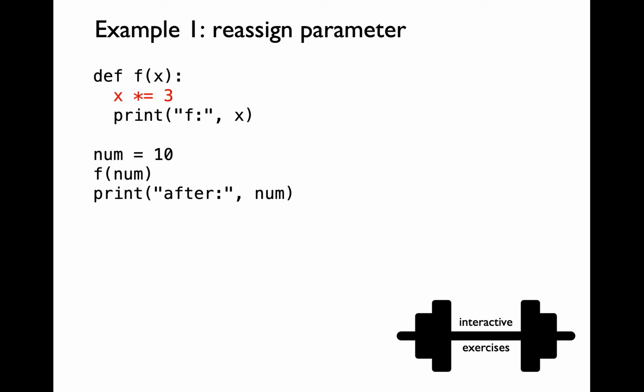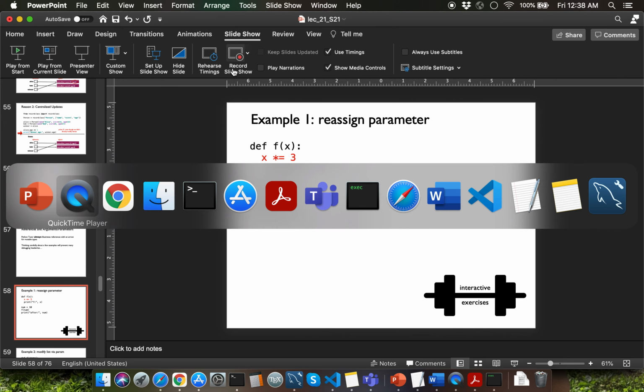I'll be using Python Tutor to go through some of these examples to step through each of the lines of code. You have two different options after watching the lecture video. You can either take the code snippet from the slide deck and paste it into Python Tutor and step through each line of code, or you could use the interactive exercises from today's lecture.